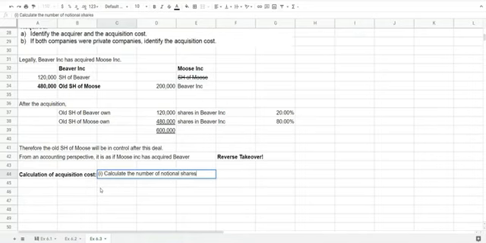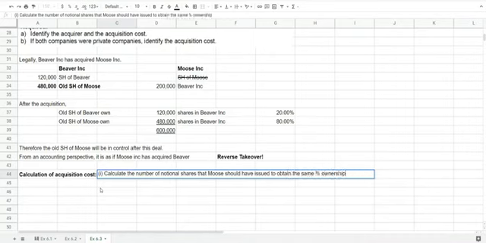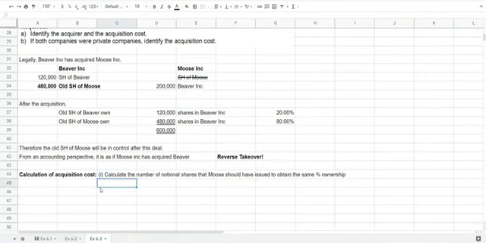So this wouldn't actually happen. The number of notional shares that Moose should have issued to obtain the same percentage ownership. I'll explain with the numbers, it'll be easier.